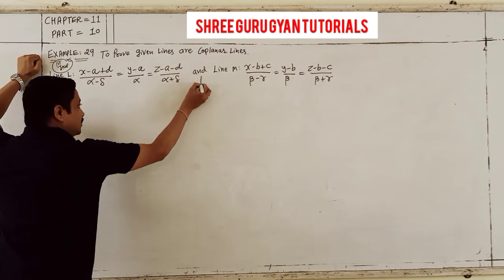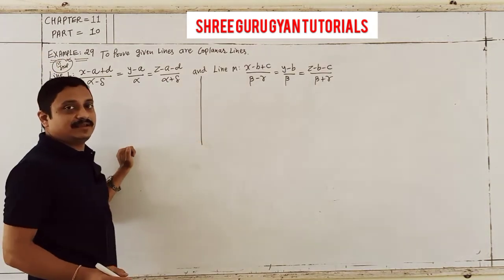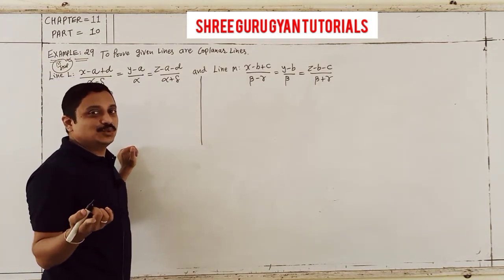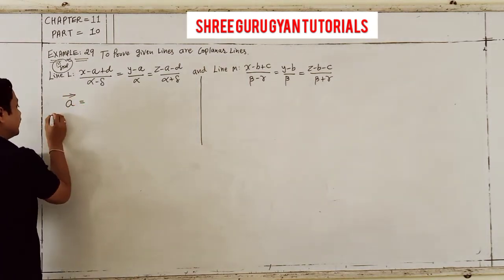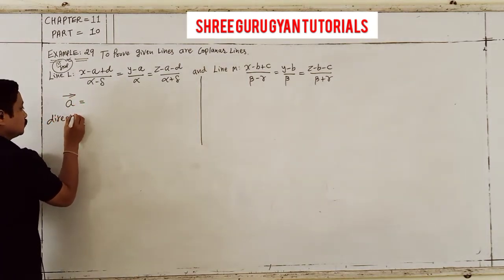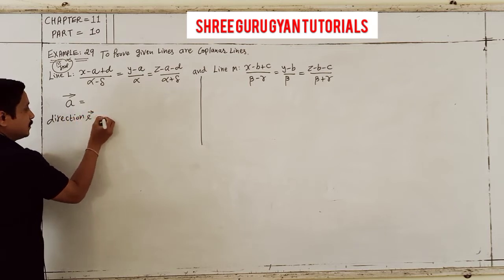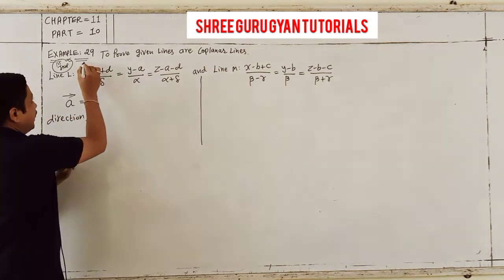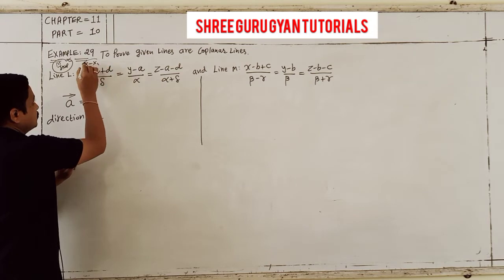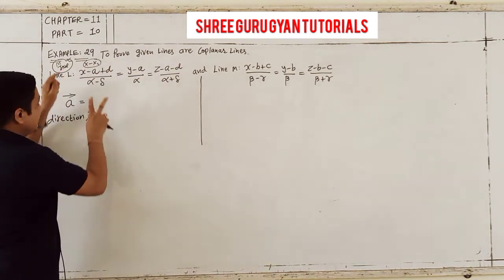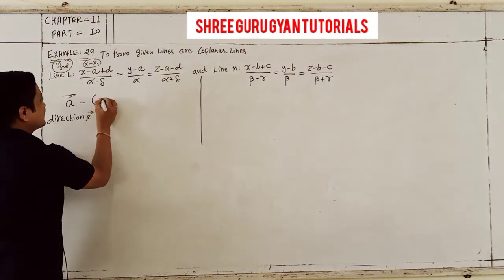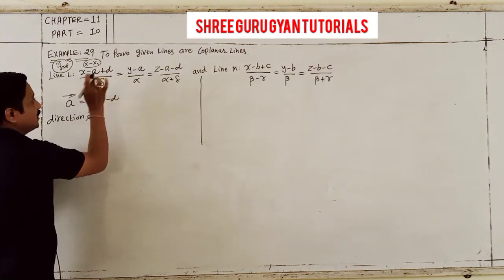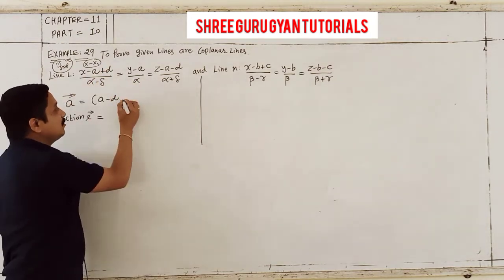Two lines are given. So first of all I obtain the point they pass through and their directions. Here L passes through A, with direction given. Using the known formula x minus x1, what is the x1 place? Minus common, then A minus D. If you take minus common, then the same here, A is already available.